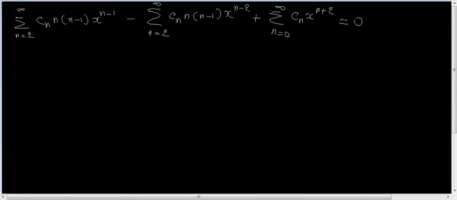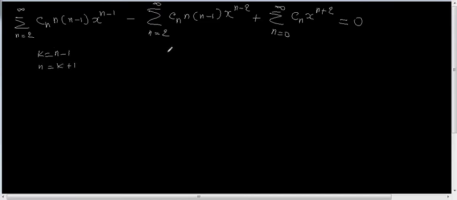Okay, now from here we need to do some substitutions to obtain the same exponent and later on the same starting index. For the first one, we replace k with n minus 1. Okay, k is n minus 1, which means n is k plus 1.